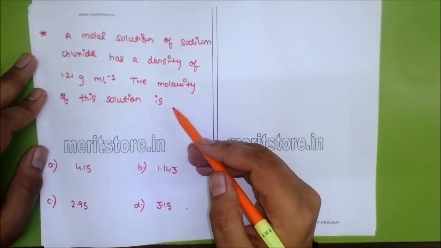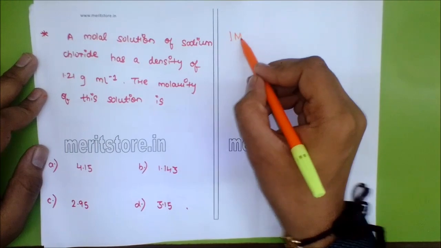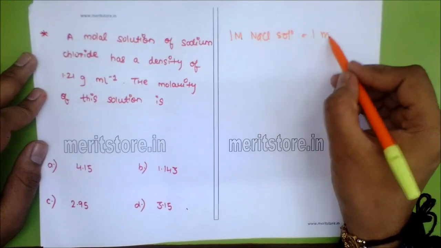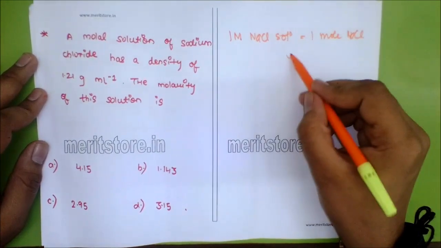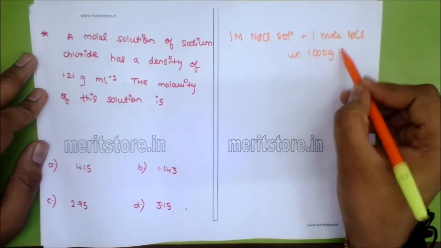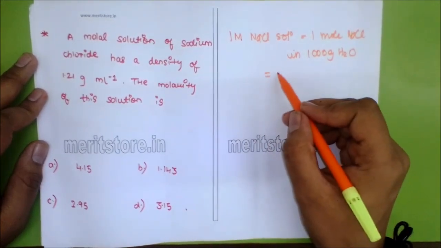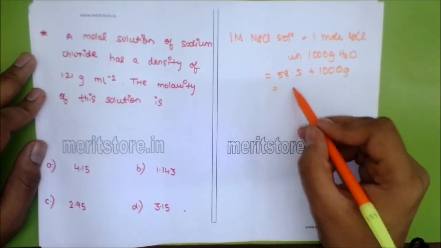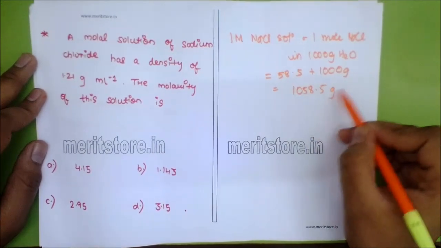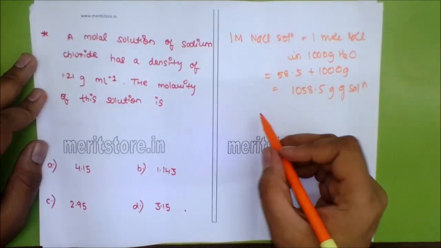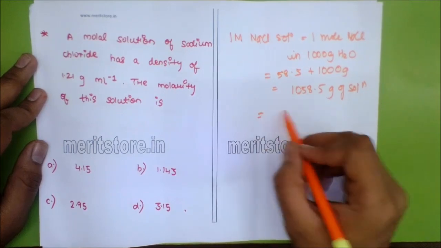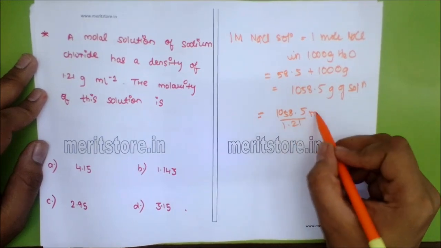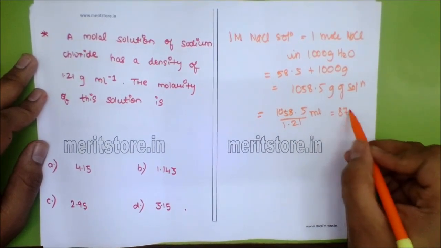Now to calculate molarity of the solution, we know 1 molal NaCl solution is equal to 1 mole of NaCl in 1000 gram H2O, which is equal to 58.5 plus 1000, which is 1058.5 gram of solution, which is equal to 1058.5 upon 1.21 ml, which is equal to 875 ml.